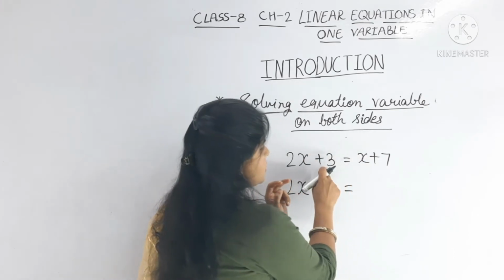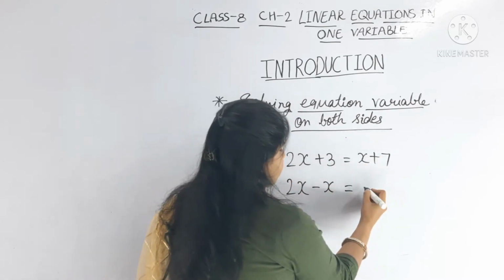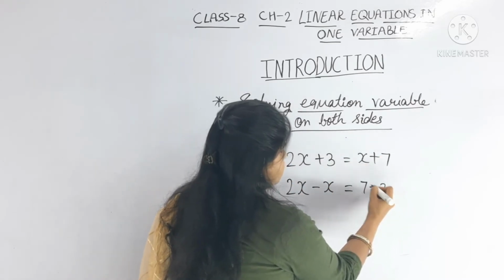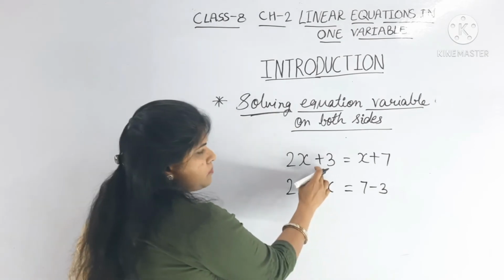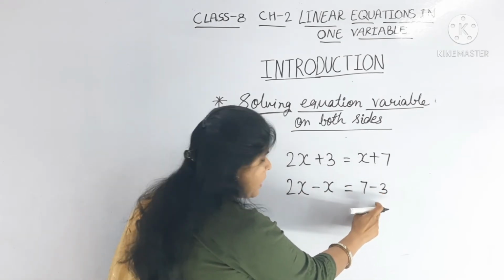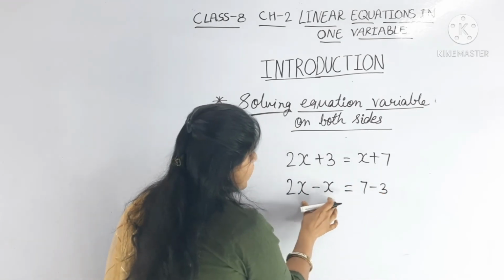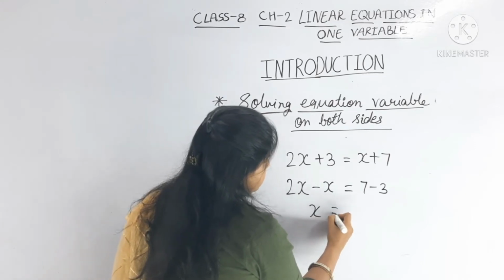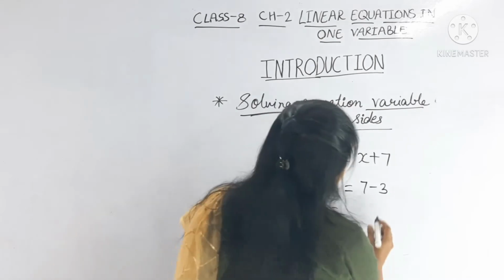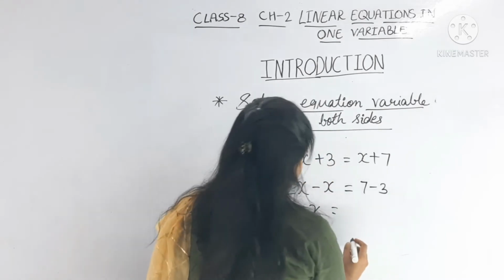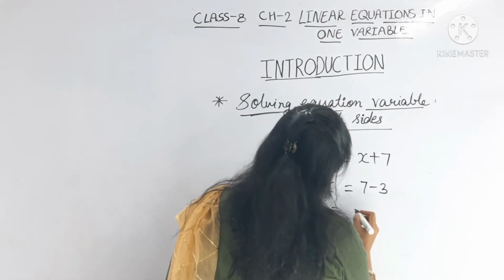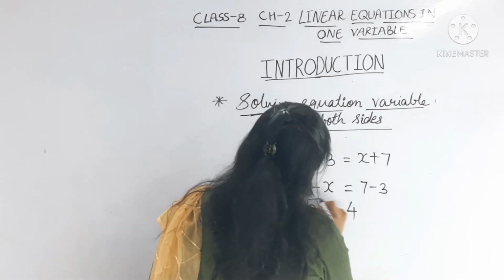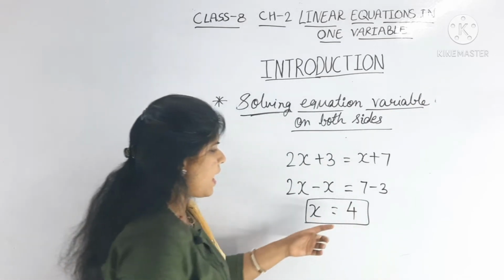And 3 to the other side: 7 minus 3, this is plus sign, so I am getting minus. So 2x minus x means 2 minus 1 is 1, that is x. And 7 minus 3 is 4. So I am getting x equal to 4.